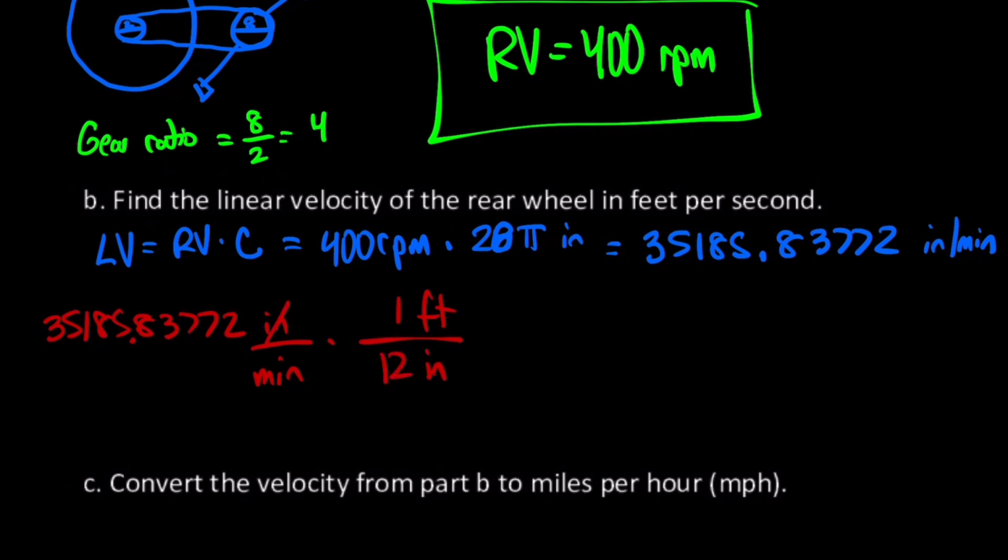So the inches will cancel. And now to seconds. All right, so I've got 1 minute, 60 seconds. So the minutes cancel out. What is left after we do all the multiplying would be feet per second. Okay, so throw that into the calculator. It doesn't say what to round to. I did nearest hundredth. I got 48.87 feet per second.